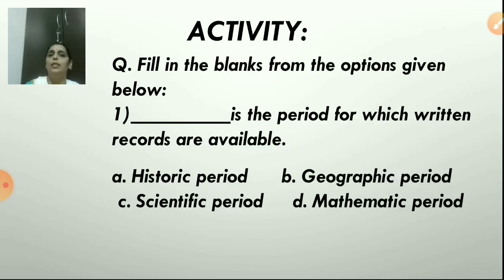Next, activity. Fill in the blanks from the options given below. Students, with each question you are given four options and you are going to select the right option. The first one: dash is the period for which written records are available.